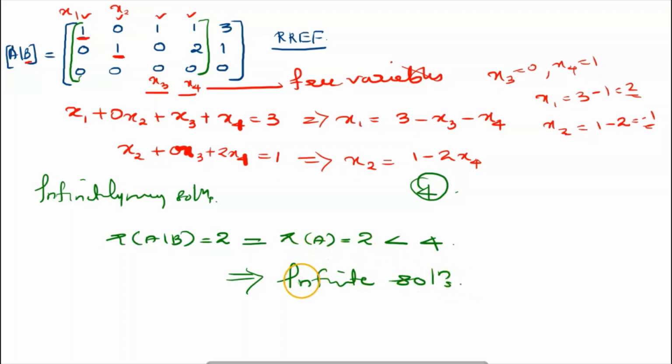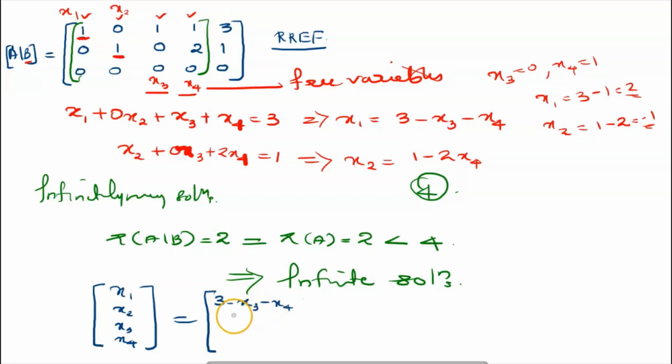What are the solutions? You can write the solution as x1, x2, x3, x4. x1 and x2 are not free variables. So x1 is 3 minus x3 minus x4, and x2 in terms of x4 is 1 minus 2x4. Since x3 and x4 are free variables, we can write x1 and x2 in terms of x3 and x4.